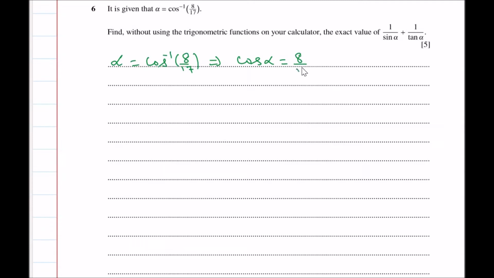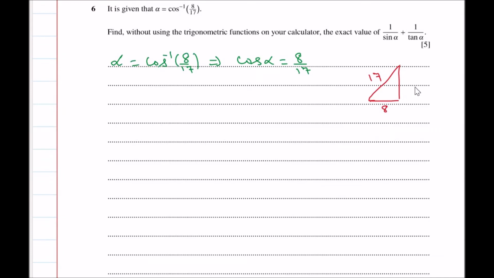Now from here, what we can do is draw a right angle triangle. And we know that cos is adjacent by hypotenuse. So hypotenuse is 17 and adjacent is 8.